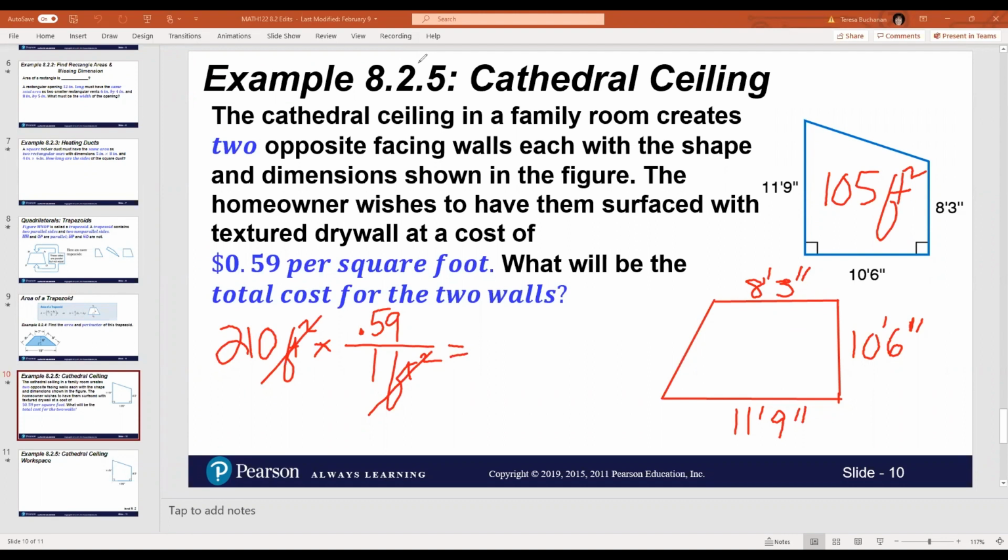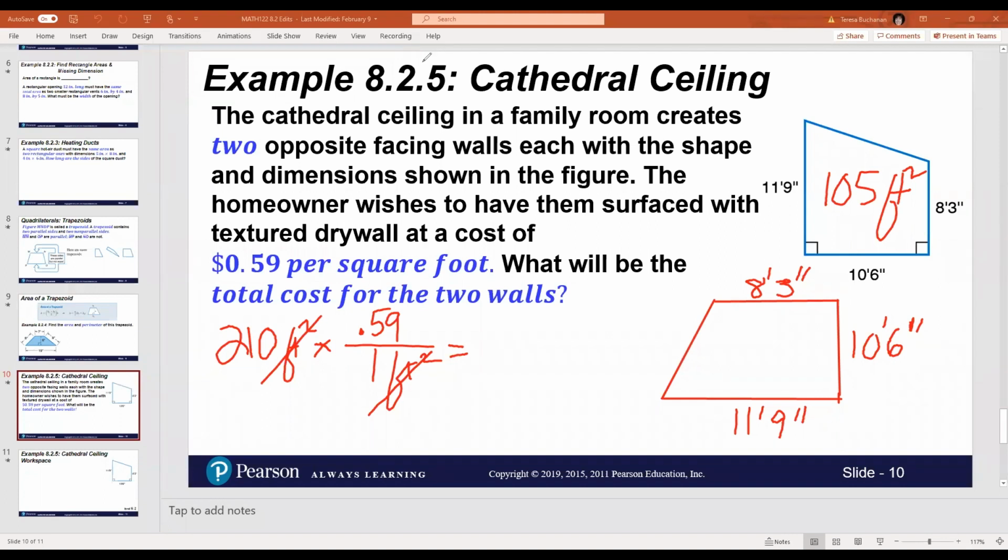You might say, well, I would know that it's the cost. So it's the 210 times the cost per square foot. But again, it's a good idea to practice this because you will find sooner or later that you'll have calculations where you're going to be confused about whether you need to multiply or divide. And this is the way to keep that straight. So it's a good idea just to practice it as we're working.